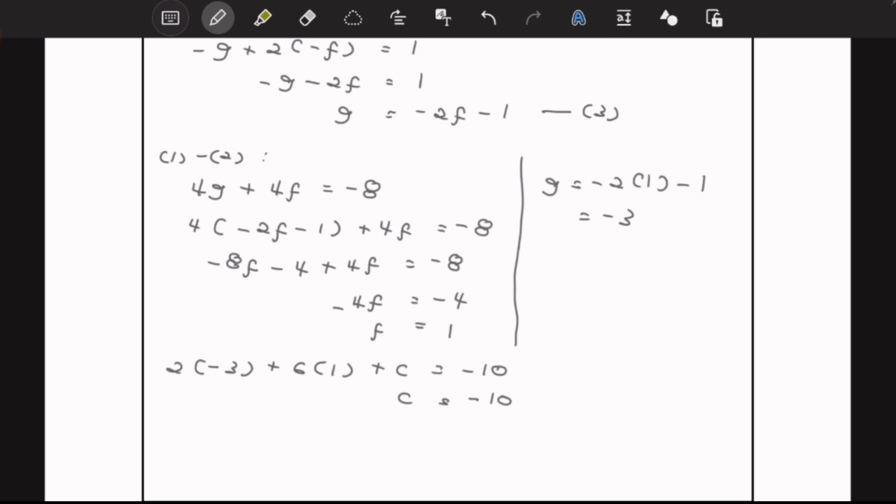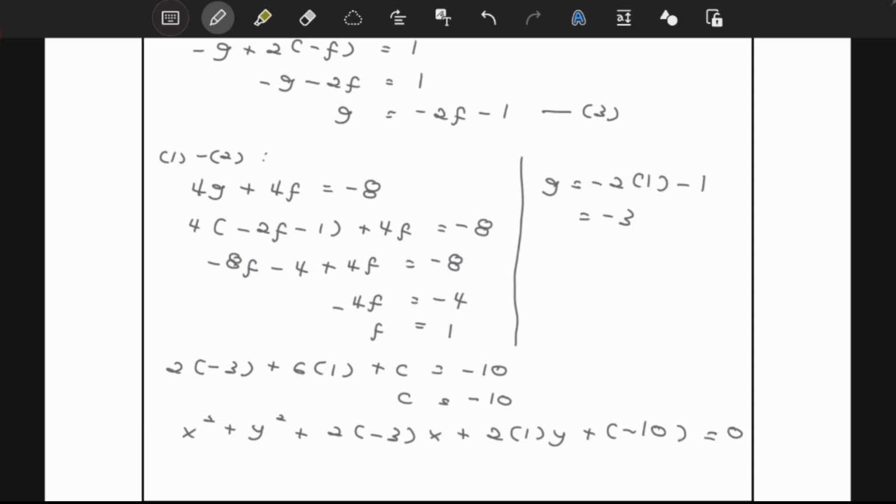We have all the values of these three unknowns. So let's just substitute into the general equation that we have. So x square plus y square plus 2 times negative 3 x plus 2 in bracket 1 y plus negative 10 equal to 0.